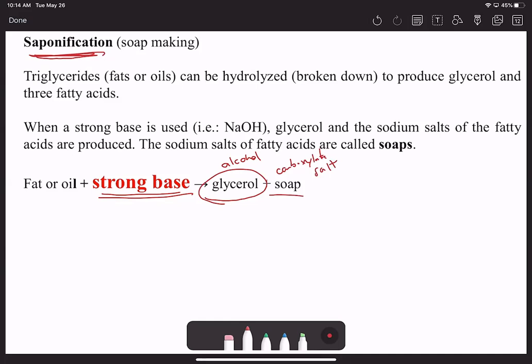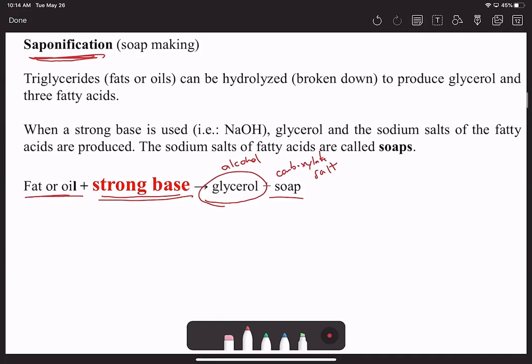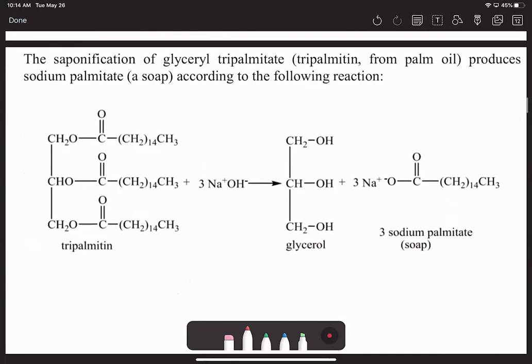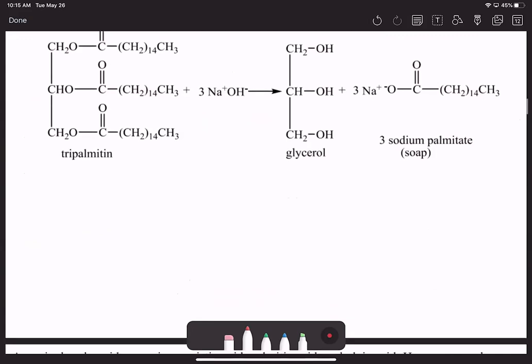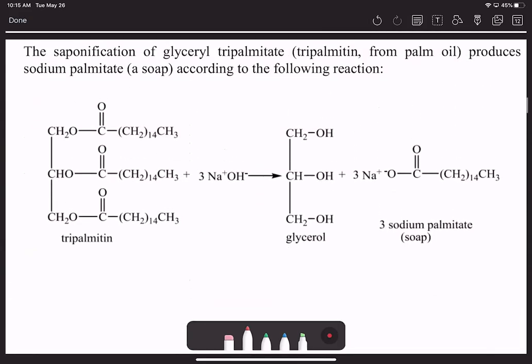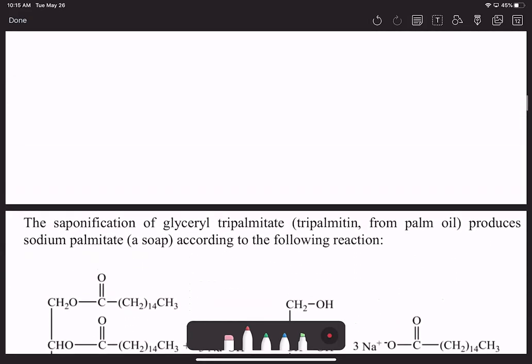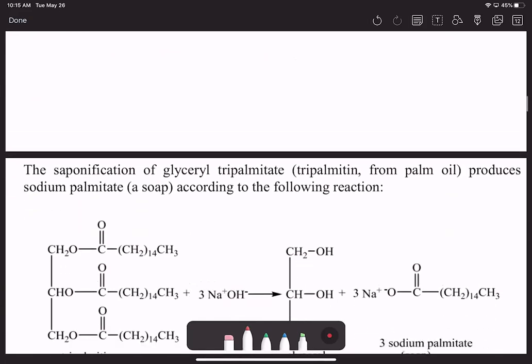Right, so we get glycerol, which is the alcohol, because here this fat or oil is going to be our triglyceride. This is our ester. So here it is, saponification. And I wonder if I can cover this up a little bit. No, it'll be too confusing.